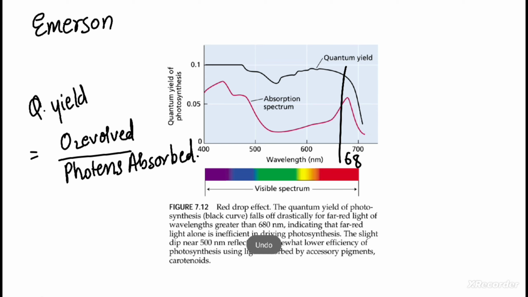And this he called the red drop, because it was happening near the red light region. So basically the quantum yield of photosynthesis, the oxygen evolved per photons absorbed, reduced, and the oxygen that was evolved reduced. So this was your red drop effect.